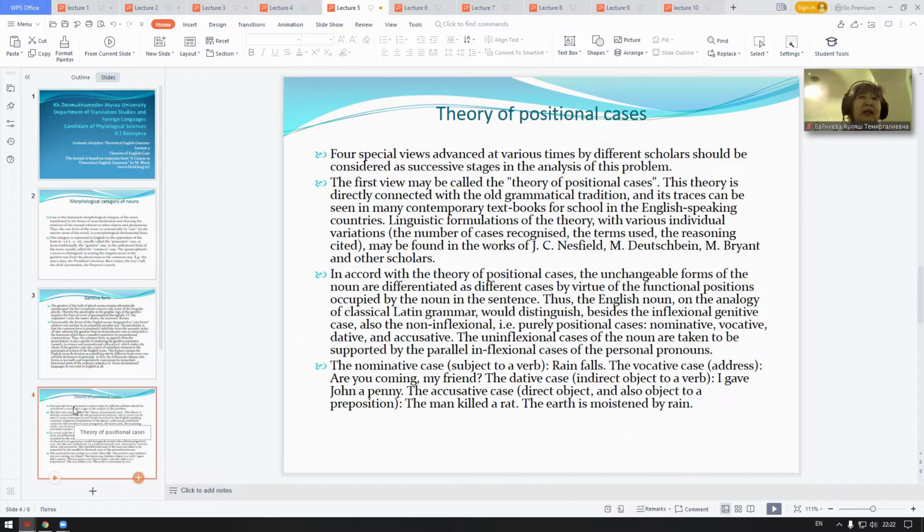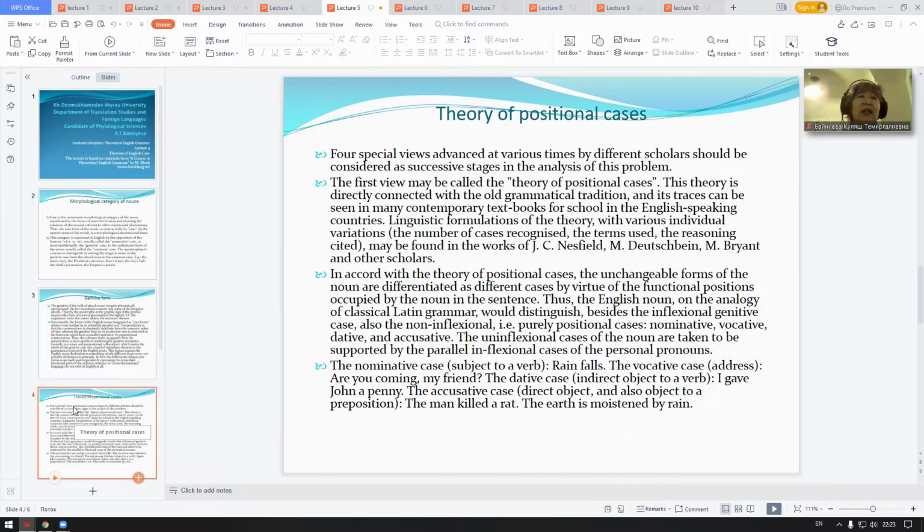Bryant, and other scholars. In accord with the theory of positional cases, the unchangeable forms of the noun are differentiated as different cases by virtue of the functional positions occupied by the noun in the sentence.